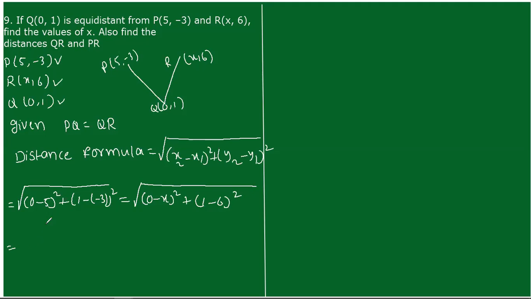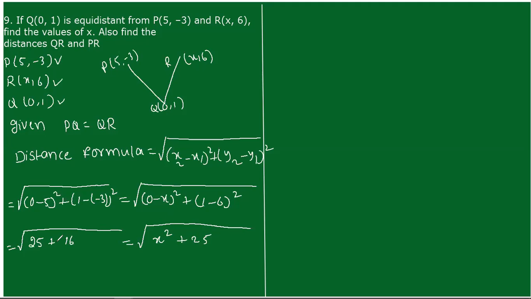So we can write here the root of (0 minus 5) whole square, directly I'm writing, it is 25, and here minus into minus is plus, so 1 plus 3 it is 4, 4 square it is 16, is equal to, so (0 minus x) square, so I can write plus x square, 1 minus 6 it is minus 5 whole square means it is 25.